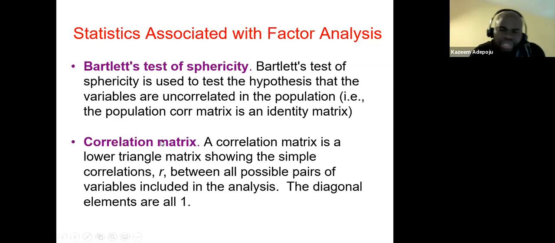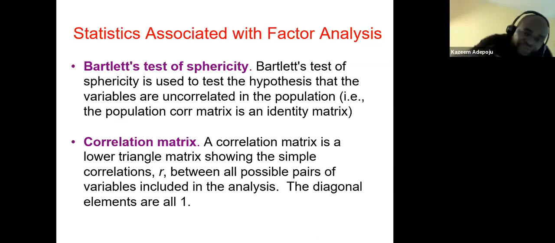Now, talking about the correlation matrix. The correlation matrix here is a lower triangle matrix showing a simple correlation. When I say lower triangle matrix, in a correlation matrix, maybe 5 by 5, the correlation between x1 and x2 is the same as the correlation between x2 and x1.